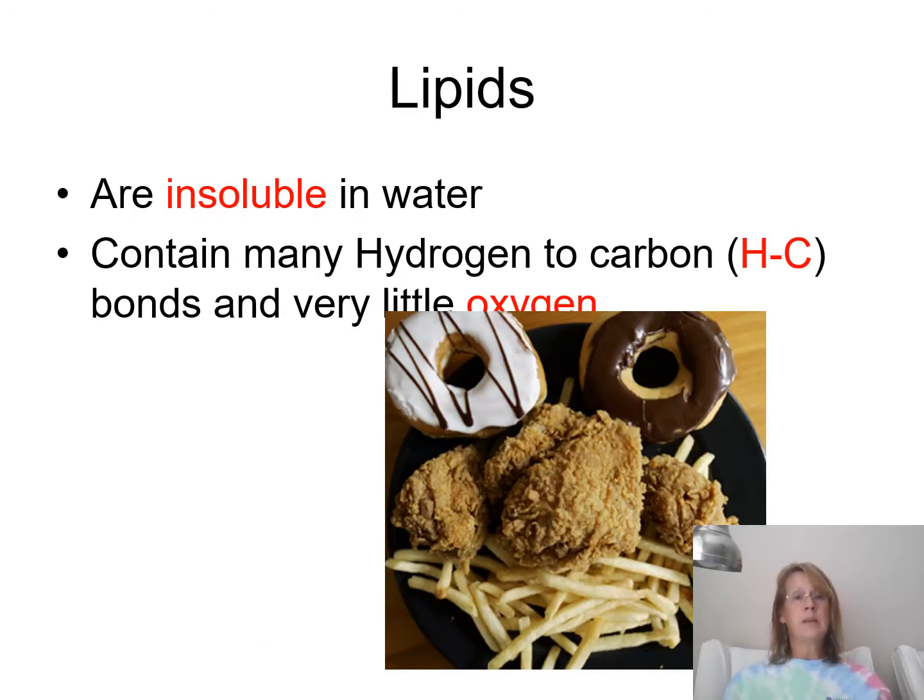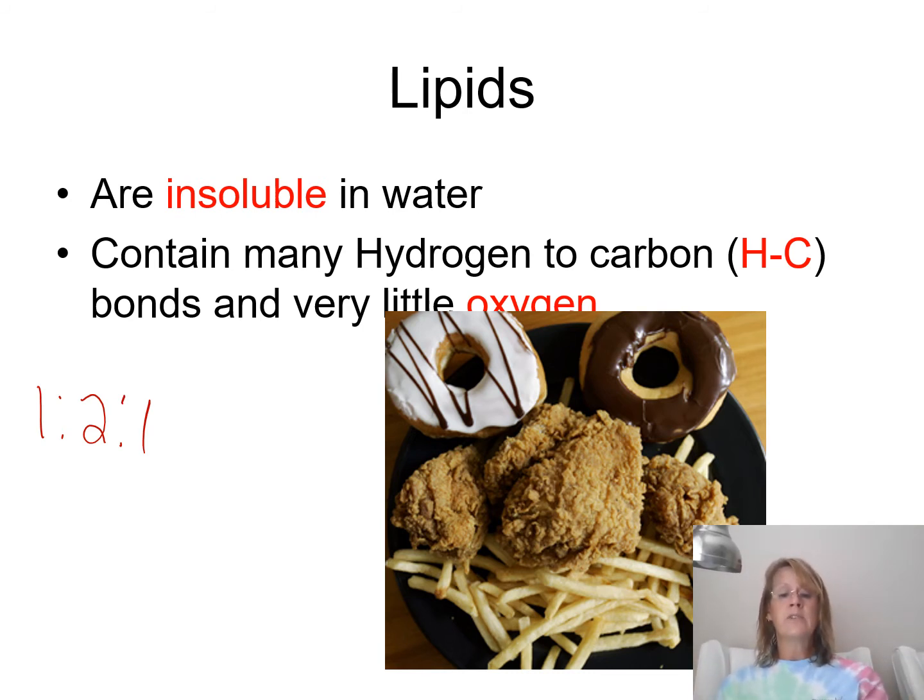So in the case of lipids, just like carbohydrates are made from carbon, hydrogen, and oxygen, lipids are also made from carbon, hydrogen, oxygen. But if you think back to when we talked about carbohydrates, carbohydrates tend to be in a 1 to 2 to 1 ratio. For example, glucose is C6H12O6. The carbons and oxygens match, and then the hydrogens kind of double.